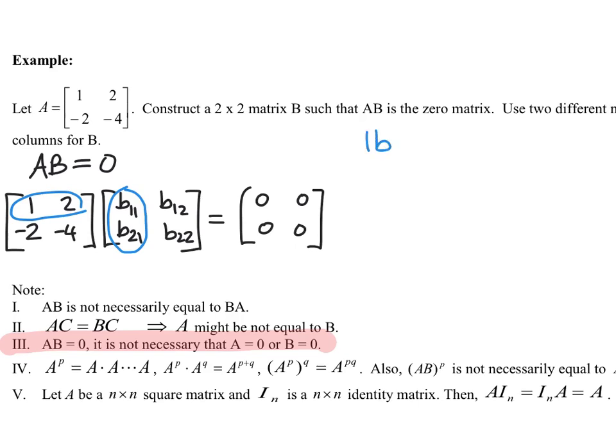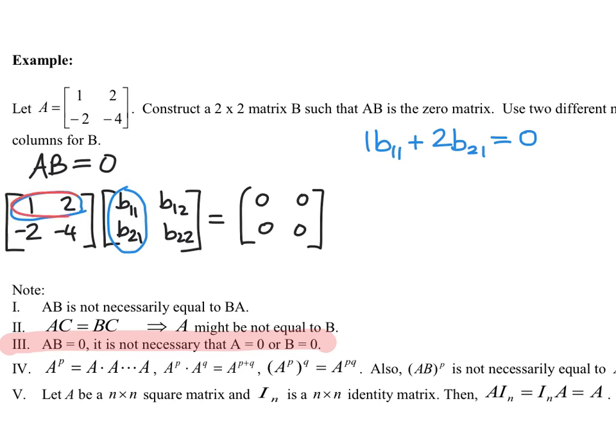We're looking at 1 times B sub 1,1 plus 2 times B sub 2,1 should be equal to 0. All right, so we're just finding inner products every which way. That's one of the reasons why the dot product is also known as the inner product, because each step of the way we're finding products, but not of the entire matrix. We're finding products of just different components within.